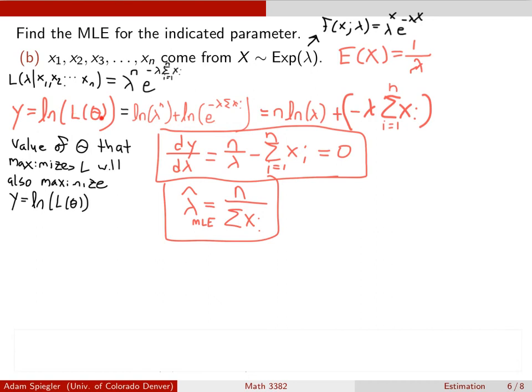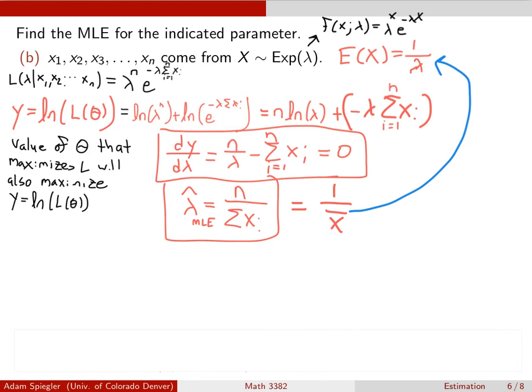So if it makes the natural log of L greatest, that must mean that it also makes the value of L biggest. So there's our maximum likelihood estimate. And again, hopefully this makes some sense, because what this actually gives us is the reciprocal of the sample mean. So our maximum likelihood estimate matches what we might have expected to get as the value for lambda.